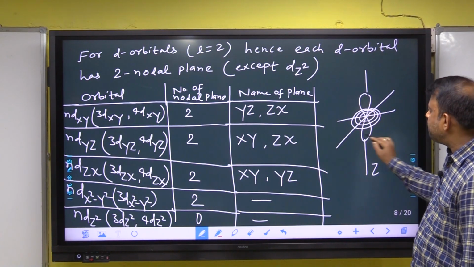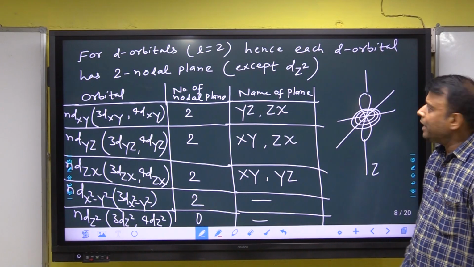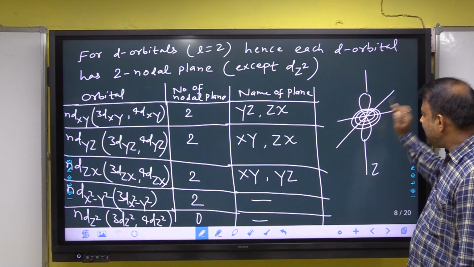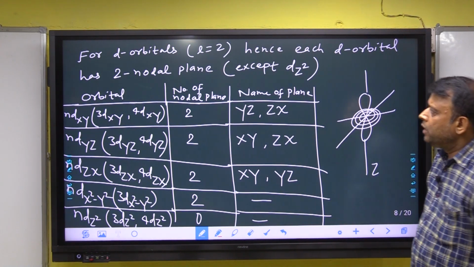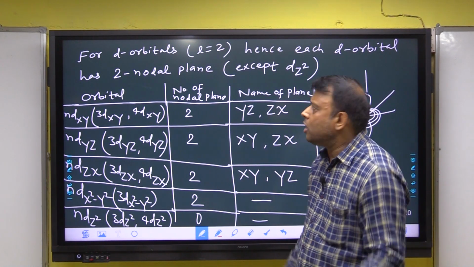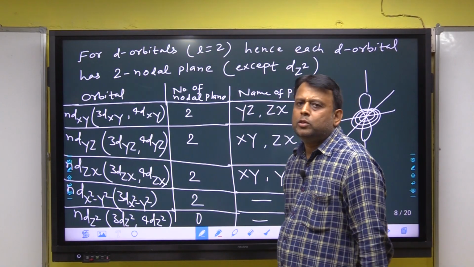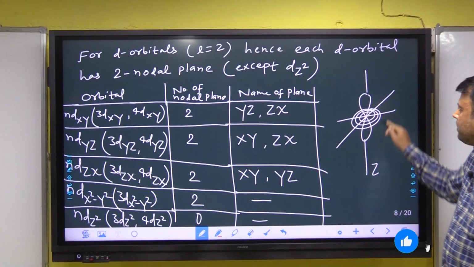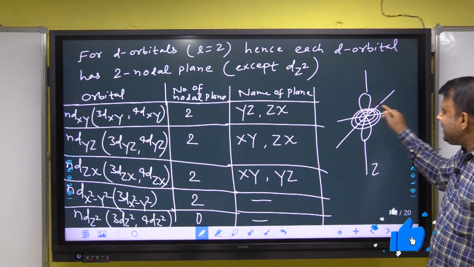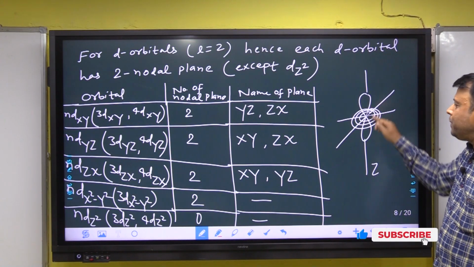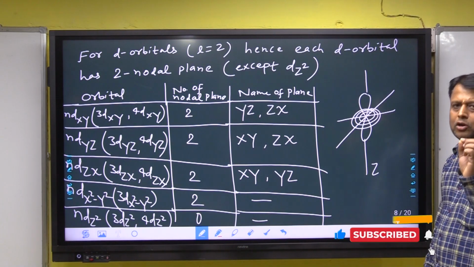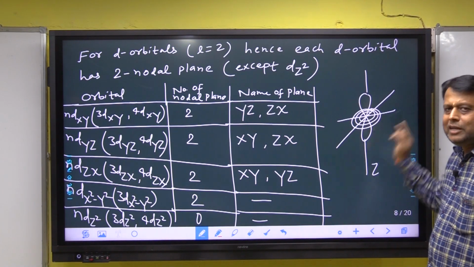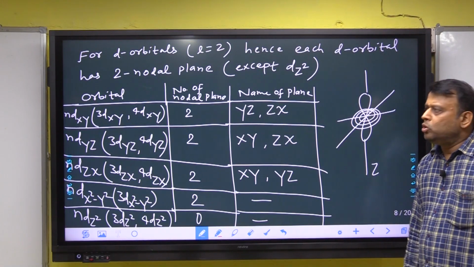Hence in each plane electron is found, and hence for dz square the number of planar nodes is 0, and for each d orbital the number of nodal planes is 2 except dz square.